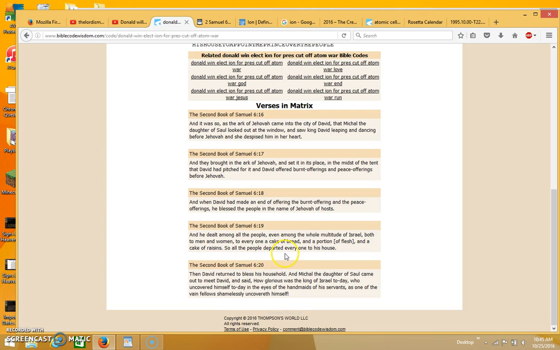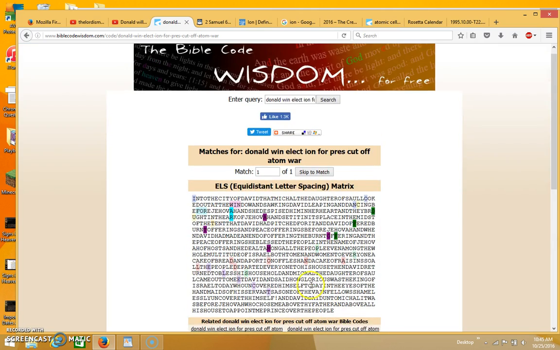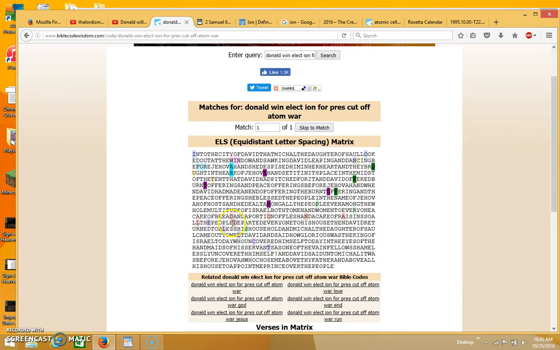So all the people departed, every one to his house. And David returned to bless his household. And Michal, the daughter of Saul, came out to meet David and said, How glorious was the king of Israel today, who uncovered himself today in the eyes of the handmaids of his servants, as one of the vain fellows shamelessly uncovereth himself."